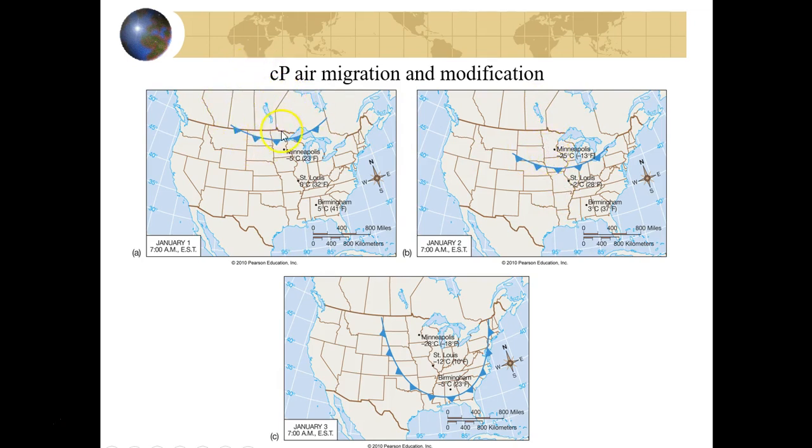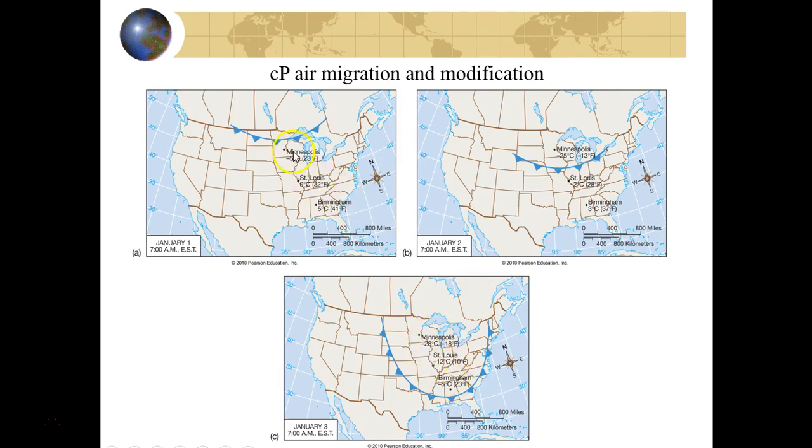Initially on January 1st, the CP air was where it should be up in Canada, but two days later, the CP air and the jet stream drove it so far south that it had invaded all the way down near the Gulf of Mexico. You could see how, when continental polar air invades, it brings much cooler, drier air in, and how it would be affecting all three cities very differently.